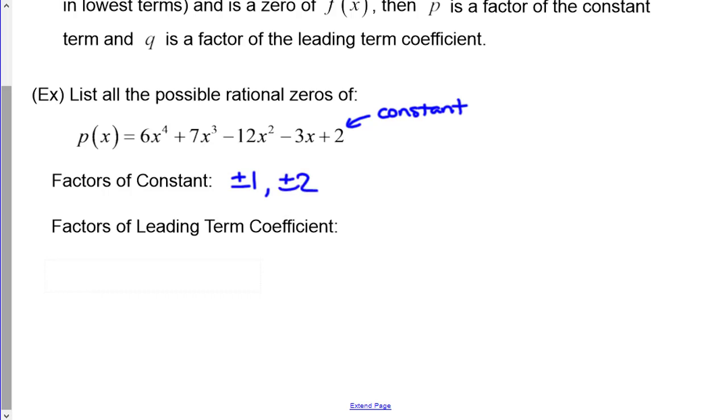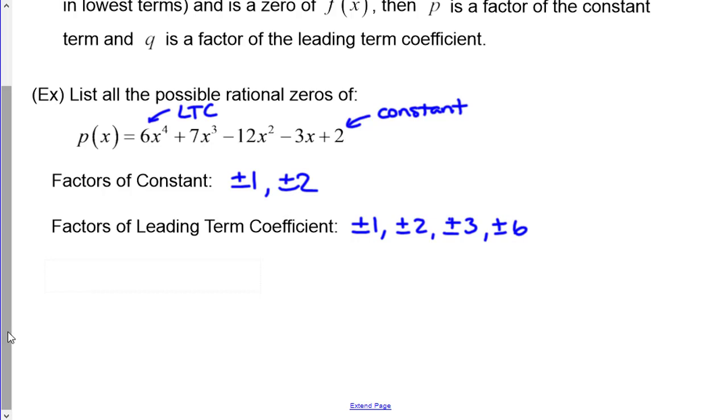Not many factors there. The leading term coefficient is 6, so it could be plus or minus 1, plus or minus 2, plus or minus 3, and plus or minus 6.